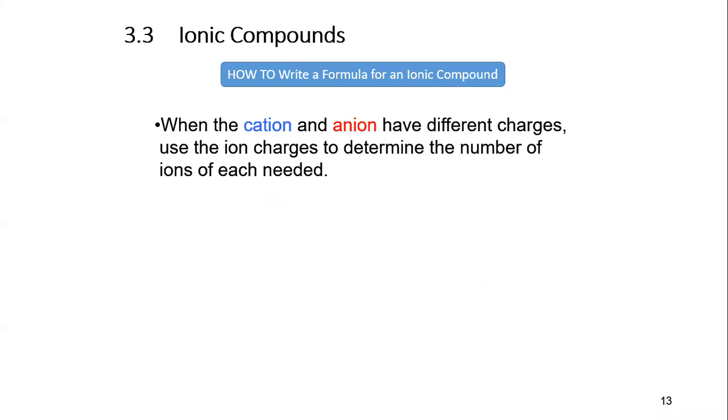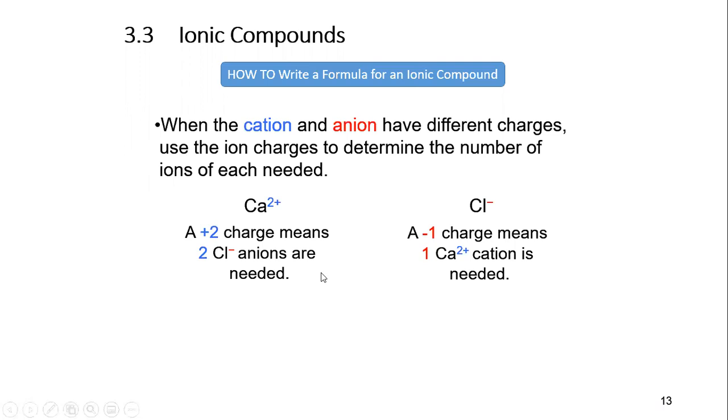So now we're going to look at an example when the cation and anion have different charges, meaning one is, say, a +2, the other one is -3. How do we determine the number of ions for each? So here we have a calcium ion and a chloride ion, +2 and -1. So the +2 means that we need 2 chloride ions to balance the +2 charge from the calcium.